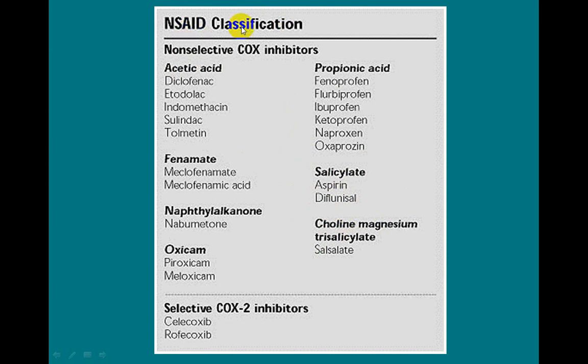The other class of nonsteroidal anti-inflammatory drugs is the selective COX-2 inhibitors, and this includes celecoxib and rofecoxib. We will discuss celecoxib in detail as a prototype of the selective COX-2 inhibitors.